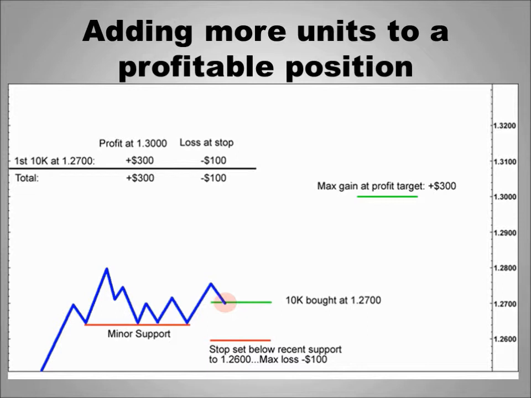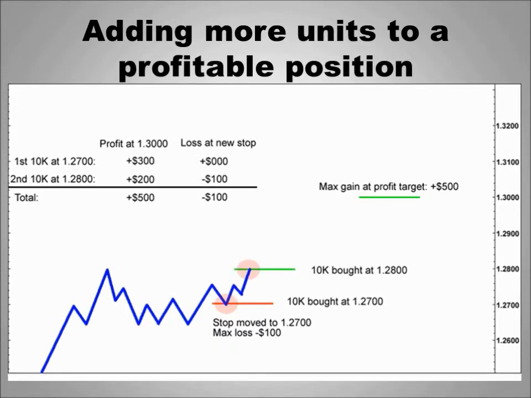However, let's say the market rises to the level of 1.28, and we feel that this bullish trend will continue to be bullish. So here's what we do. We go long on 100,000 more units at 1.28.